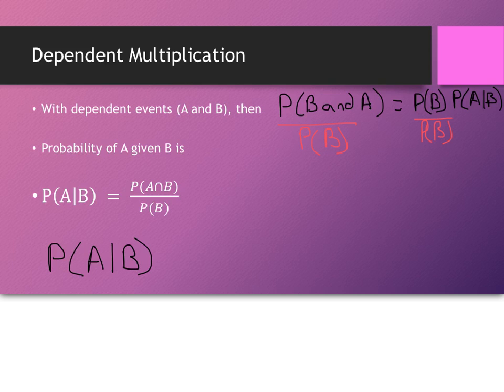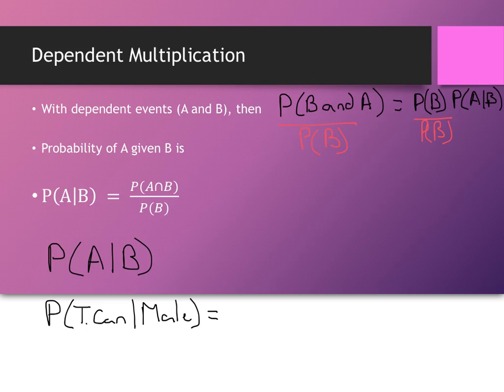Let's take the idea of gender and testicular cancer. So let's pretend B is male. So what's the probability of getting testicular cancer given that a person is male?